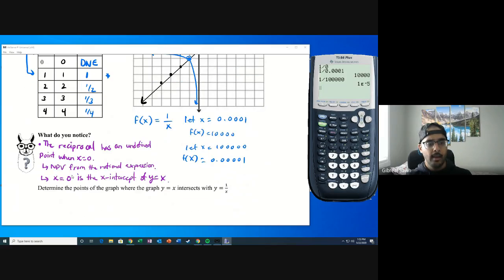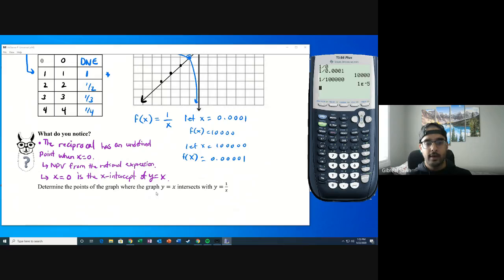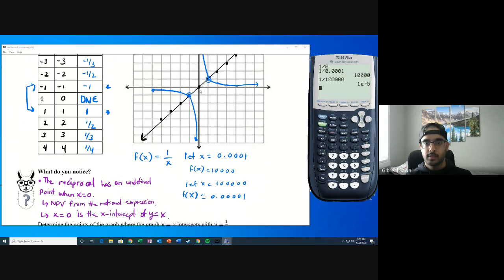Now, I am also asked to determine the points of the graph where the graph y equals x intersects with the graph y equals 1 over x. If you notice, there should be 2 spots where that happens. I've even circled them. They were the first 2 points we plotted. They were where the original function was equal to -1 and +1.